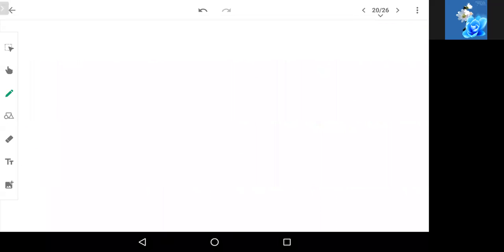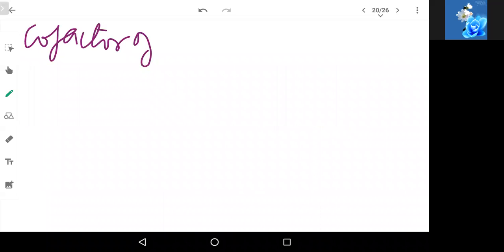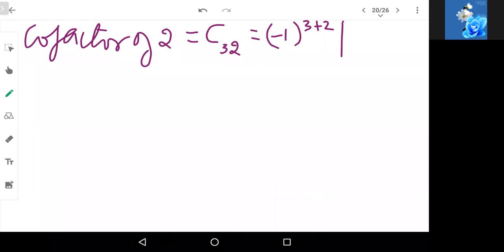Now last two, that is cofactor of 2, that will be third row, second column, minus 1 to the power 3 plus 2 into the minor.